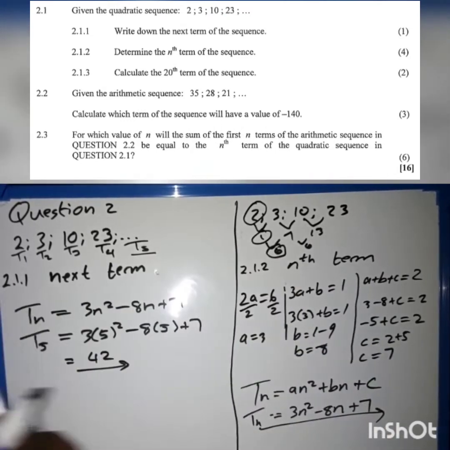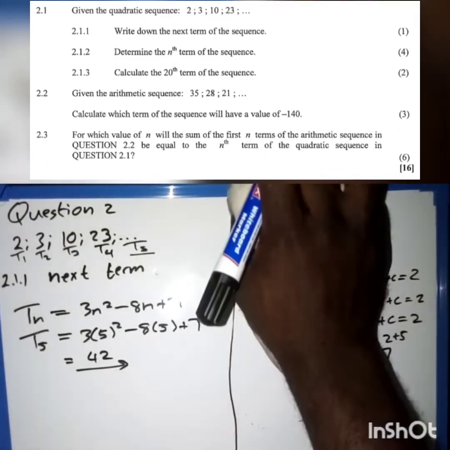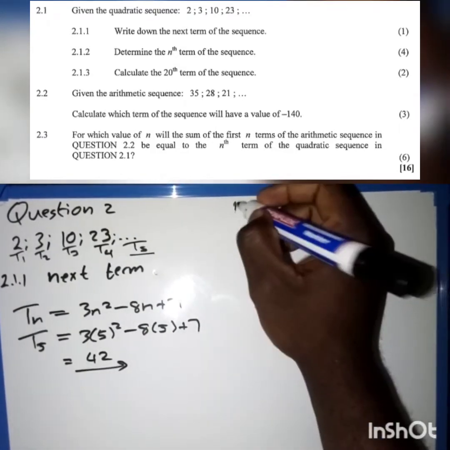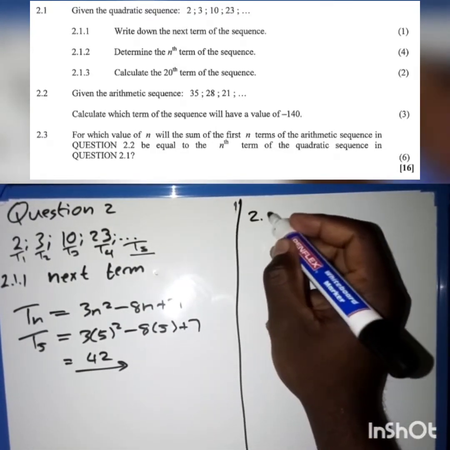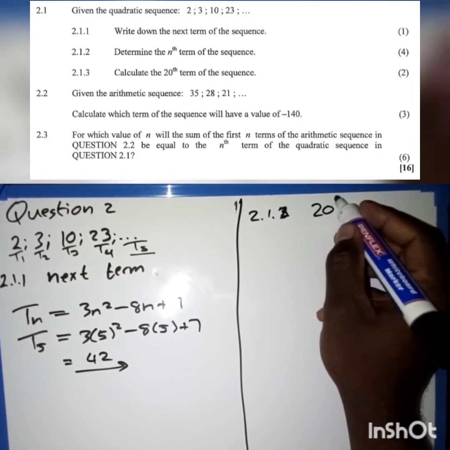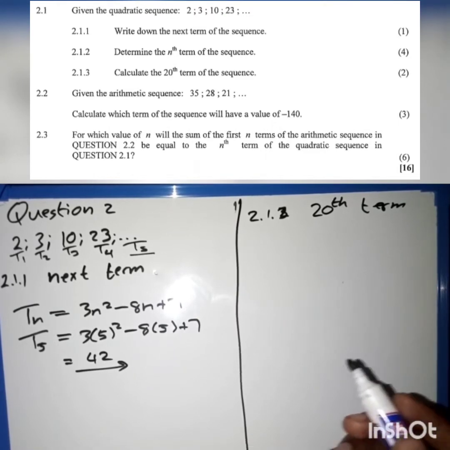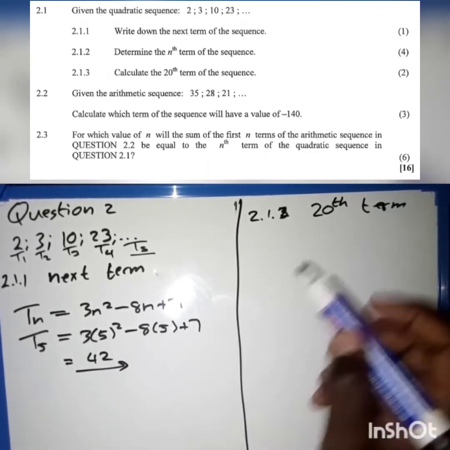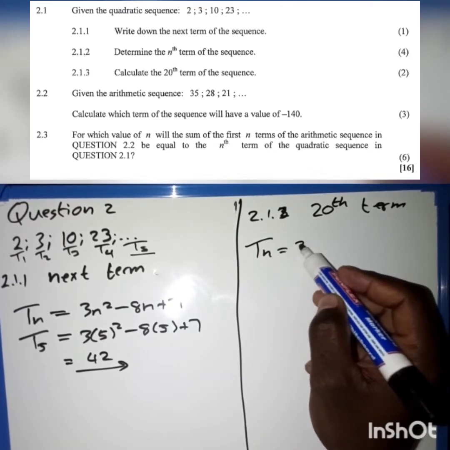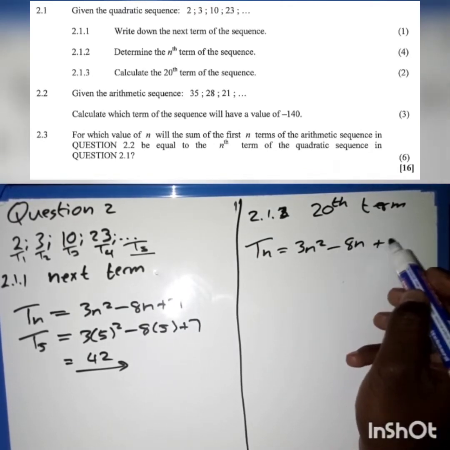Alright, cool. And then 2.1.3, they want the 20th term. So for the 20th term, use my formula once again. So I'll have Tn is equal to 3n squared minus 8n plus 7.